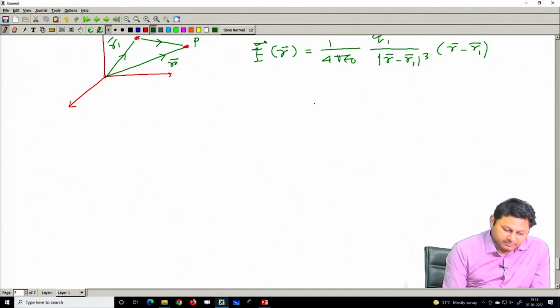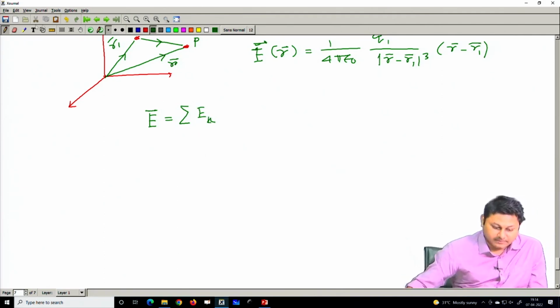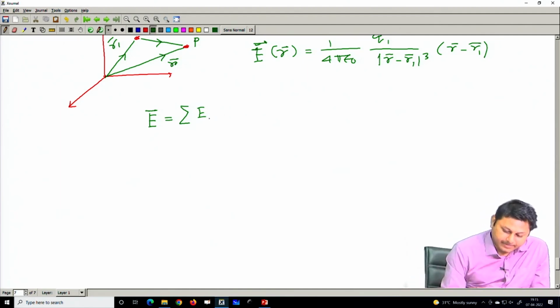Now, if there are many charges, what should be the expression of the field? Then the total field will be the summation of all the fields like before, where k goes from 1 to n.